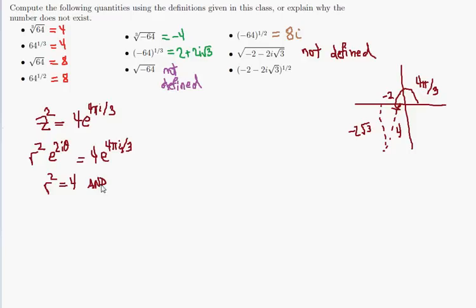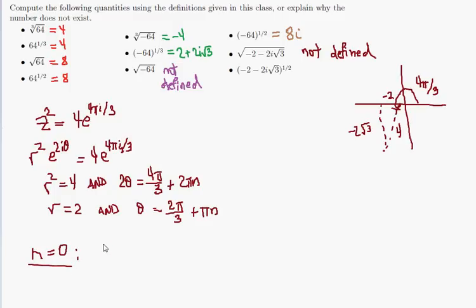And 2 theta is equal to 4 pi over 3 plus 2 pi n. So I have r equals 2. And we also have that theta is equal to 2 pi over 3 plus pi n. And I would let n equal 0 and n equal 1 if I wanted both roots. If I want the one root that's defined to be the number raised to the 1/2 power, I take n equals 0.